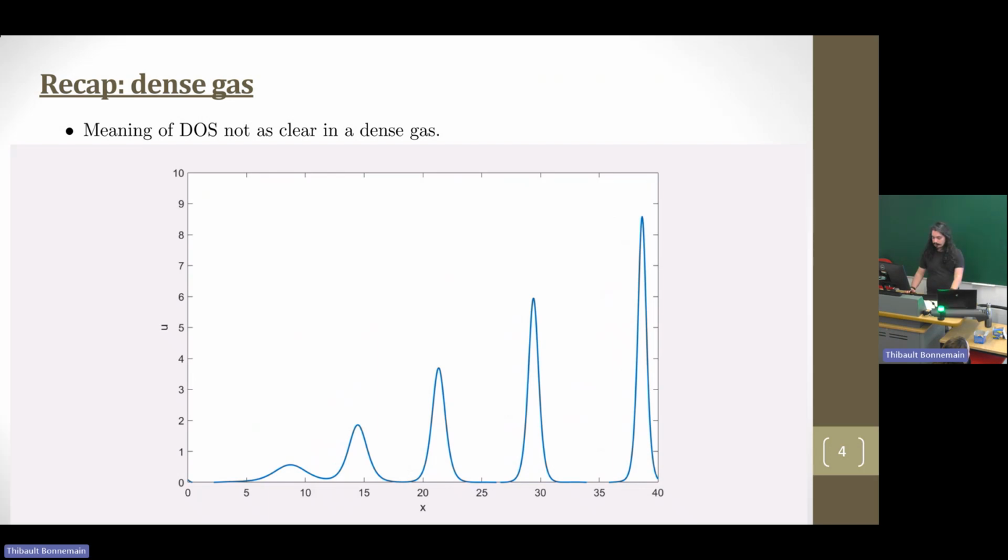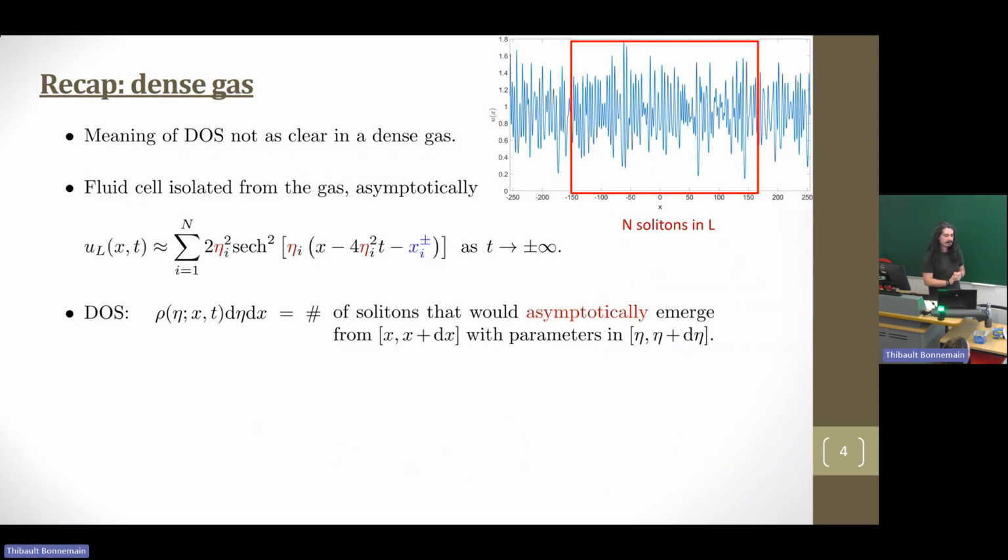Right. So here in the dense gas, the meaning of the density of states is that it counts the number of solitons that would asymptotically emerge from some window of space with parameters in the vicinity of each cell.